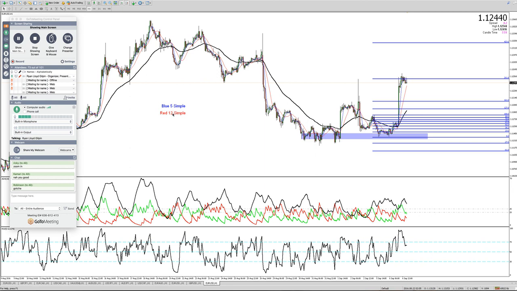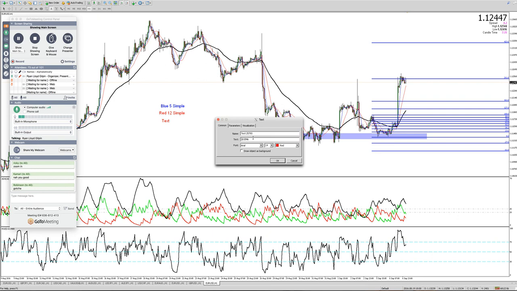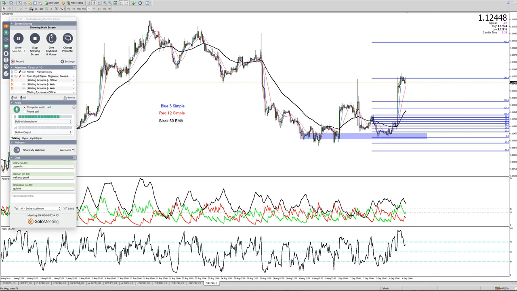Okay. And then we have a black, which is a 50 EMA. So you can take a screenshot, do what you've got to do. But here you go. These are the moving averages that we're going to be primarily focusing on.